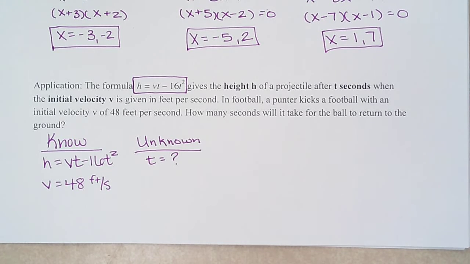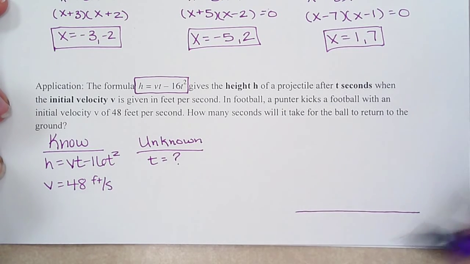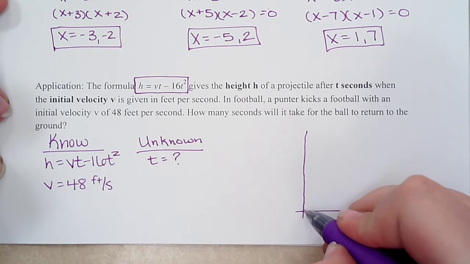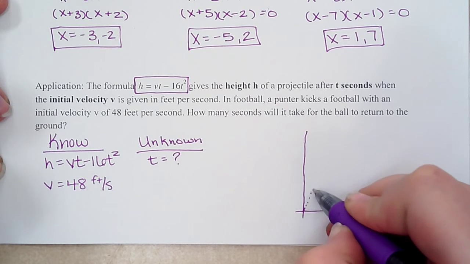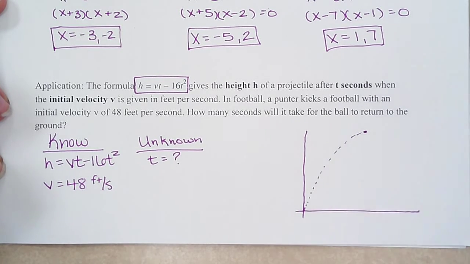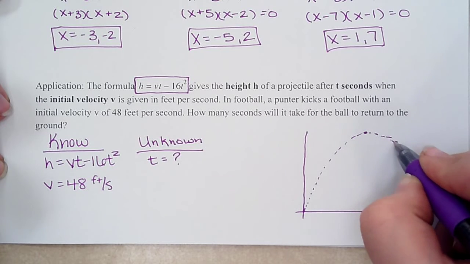Well, let's think about this a little bit further. If I draw a picture over here, as time goes on, what does the ball's height do? Once it's kicked off the ground, as time passes, it's going to go up in the air, and at some point, it's going to reach its maximum height and come back down.